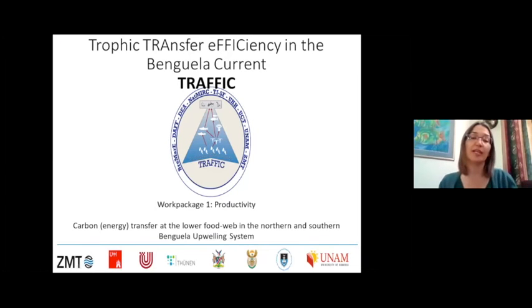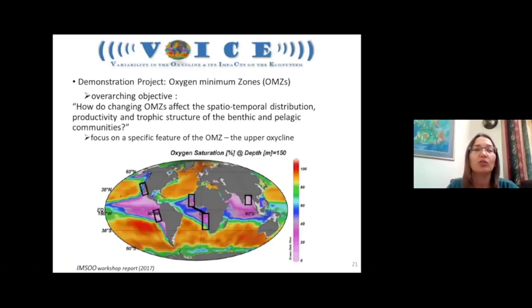So here we are looking at carbon and nutrient cycles. I don't want to say too much about that because Tibo will be talking about carbon cycles in the next talk.